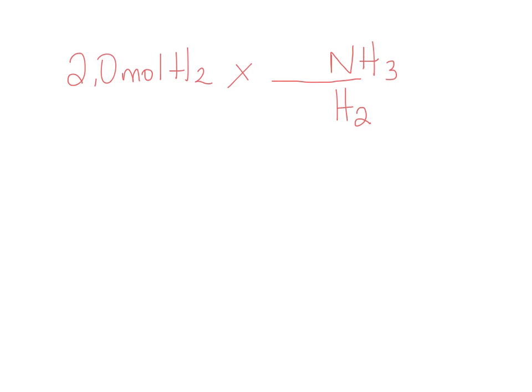So, what's my mole ratio? Do you know where I get the 2 and the 3 from? If you don't, from the numbers in front of them in the balanced chemical equation. That's where I'm getting those numbers from. So now 2 times 2 is 4 divided by 3.